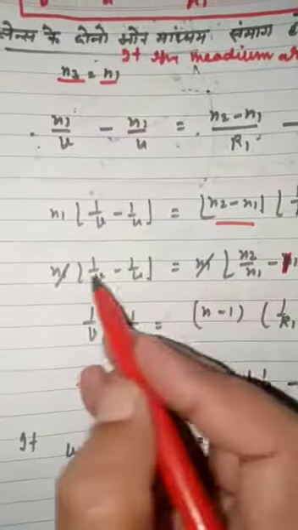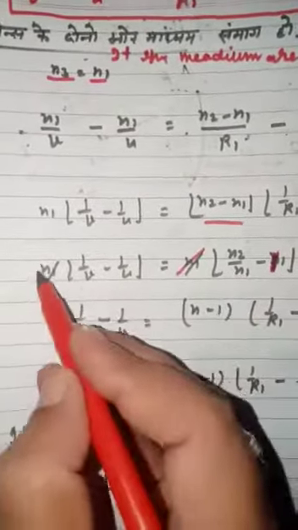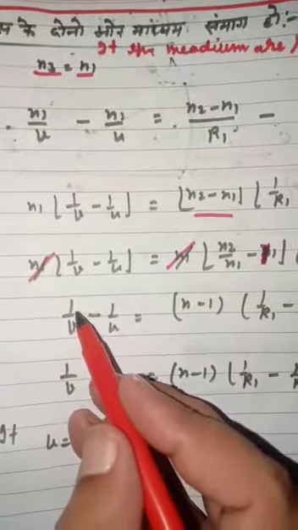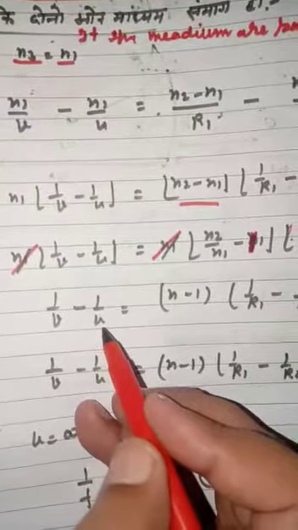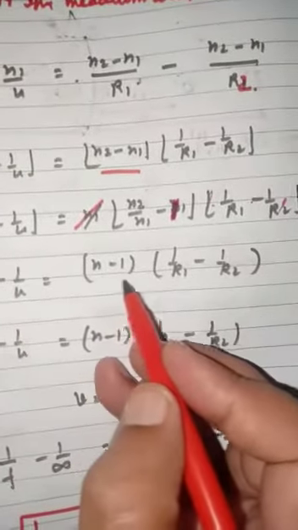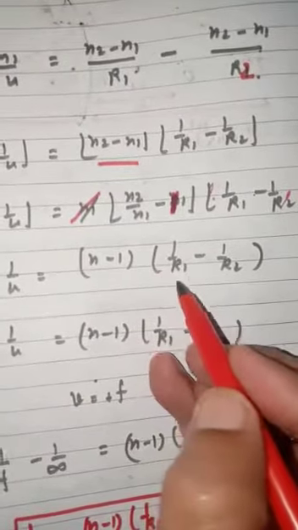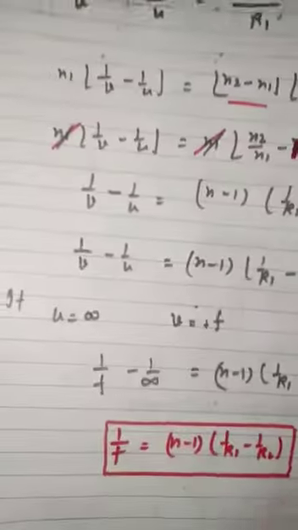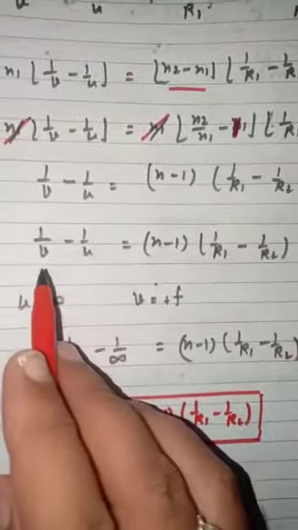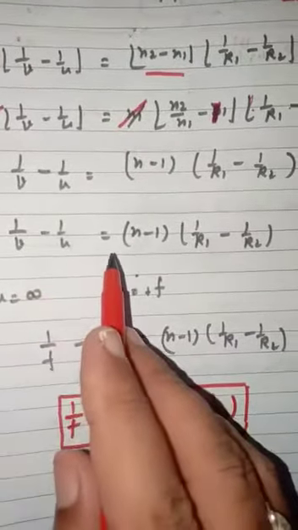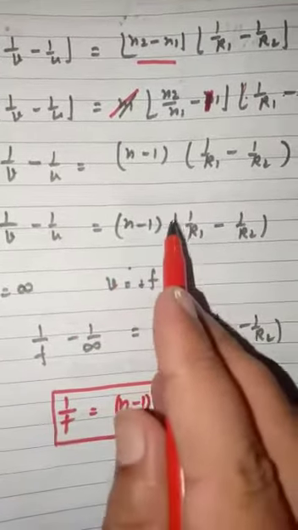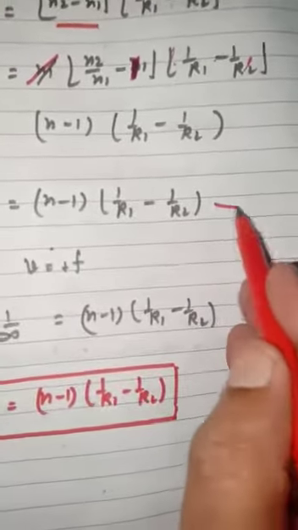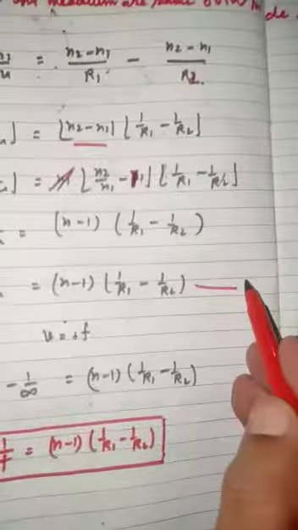Since N1 cancels with N1, we will get 1 upon V minus 1 upon u is equal to n minus 1 in bracket 1 upon R1 minus 1 upon R2. This is equation number 3.